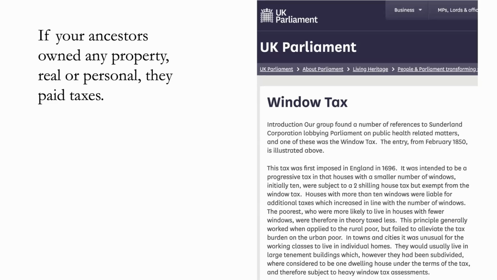Okay. And maybe you never thought about the fact that they had a window tax. Well, if you found your person paying a window tax, then you would know that they got to a certain economic level by having a house that had enough windows to be taxed.